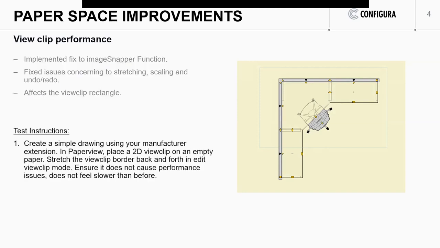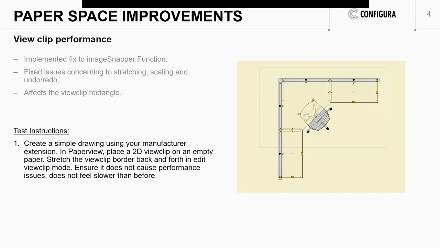To ensure that this does not introduce any new defect, we recommend the following test instructions. First, by using your manufacturer's extension, create a simple drawing, then go to paper view and place a 2D view clip on an empty paper.